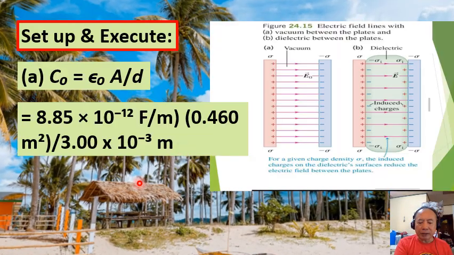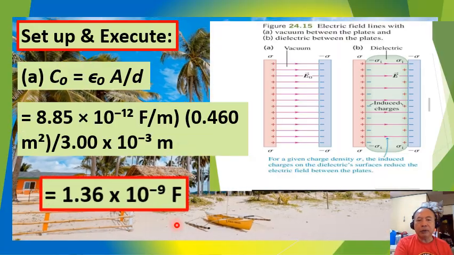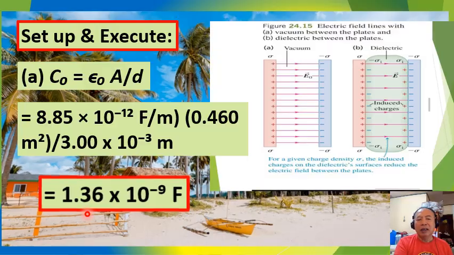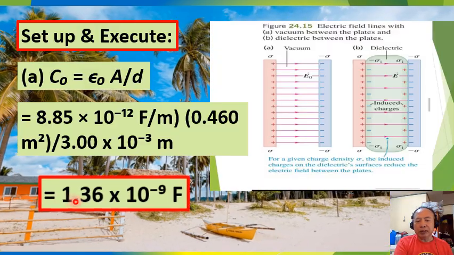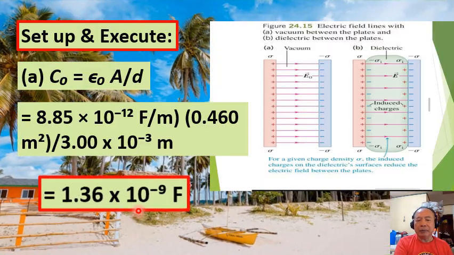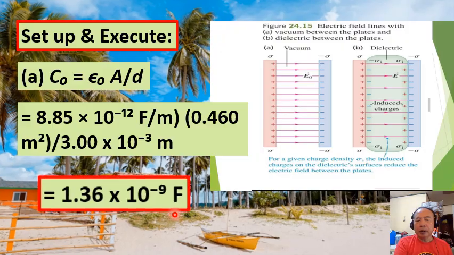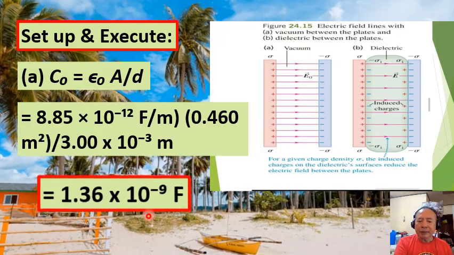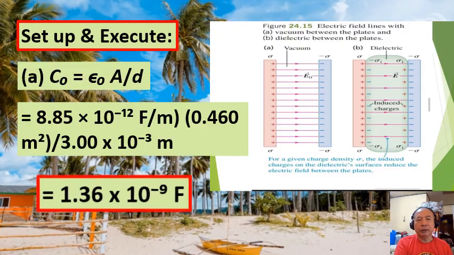So when we do our math, we find the original capacitance, capital C naught, equal to 1.36 times 10 to the negative 9 farad in three significant figures.